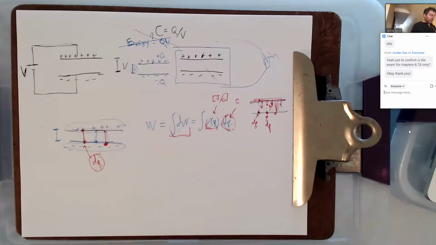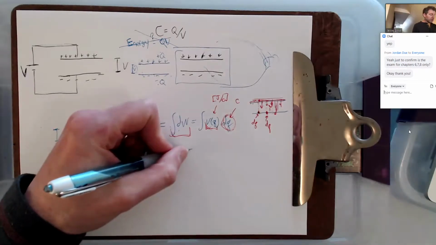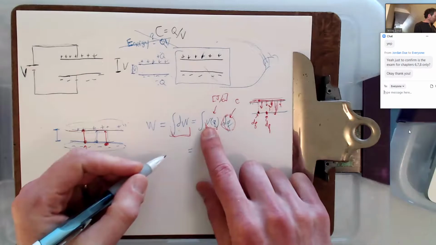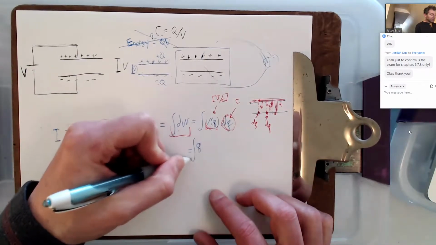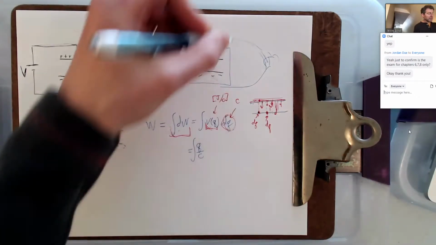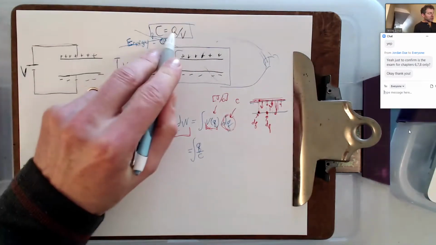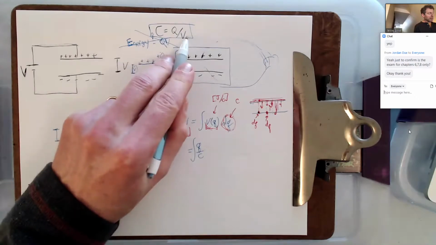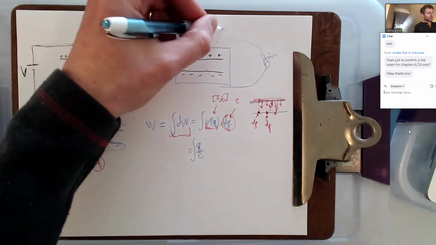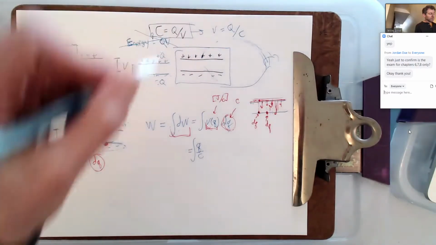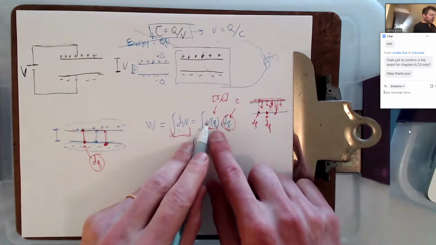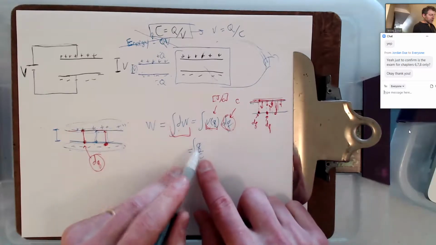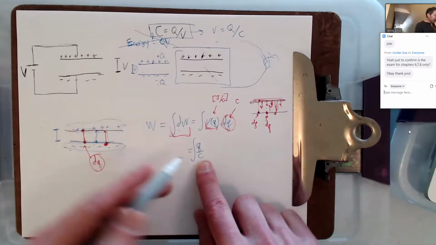Okay, but you know that voltage as a function of Q is just Q over C. The voltage across the capacitor is the charge on it divided by the capacitance, right? So all I'm doing is writing V of Q, the voltage as a function of Q, is just Q over C times dQ.